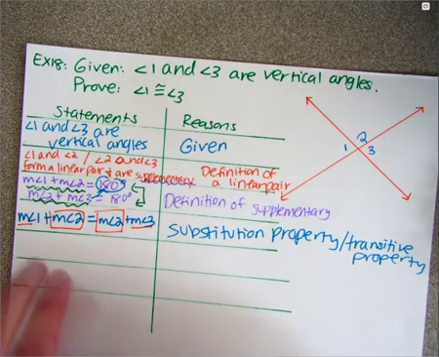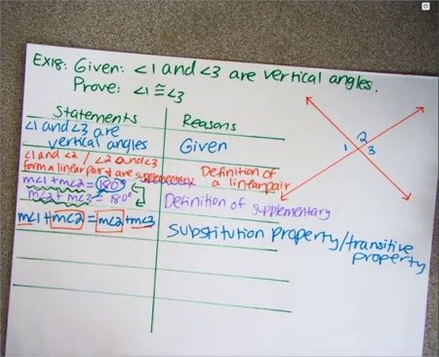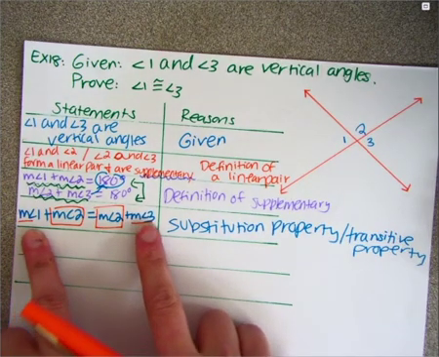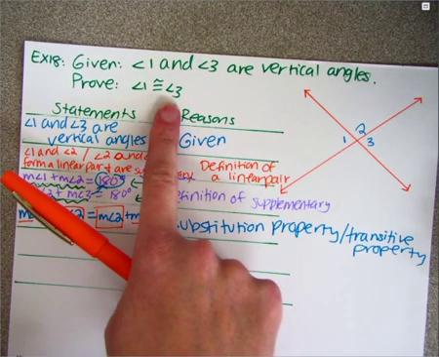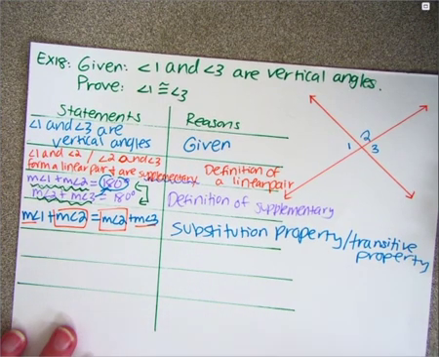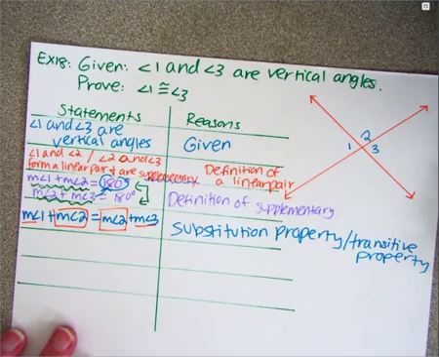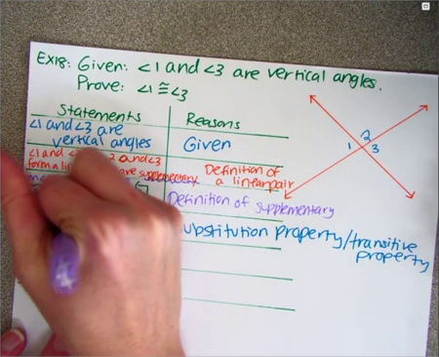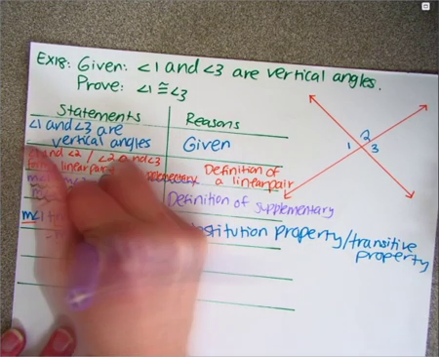I want to get rid of that angle 2, because if I can get rid of angle 2, then I will have 1 equaling 3, which is what I'm trying to do. So how could I get rid of my measure of angle 2 on both sides of my equation? What could I do with the measure of angle 2? You would subtract it on both sides of the equation.